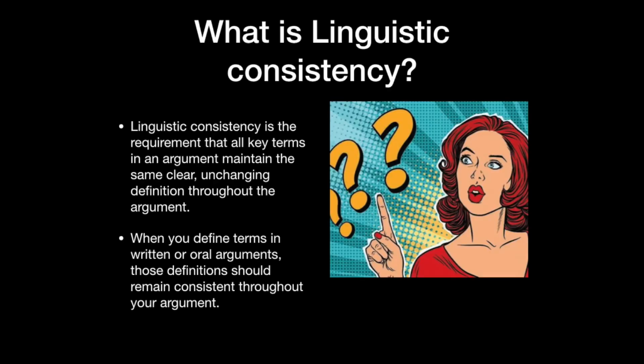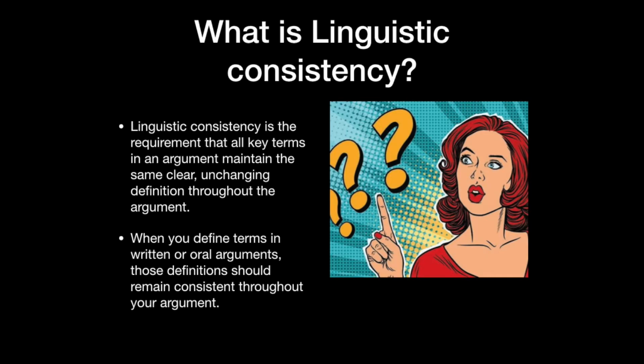So let's start with this idea of what is linguistic consistency. Linguistic consistency is the requirement that all key terms in an argument maintain the same clear, unchanging definition throughout the argument. So as the affirmative, or if you are affirming a particular position or a particular stance or a particular policy, then you want to make sure and define your terms up front and then remain consistent with those terms throughout your argument.